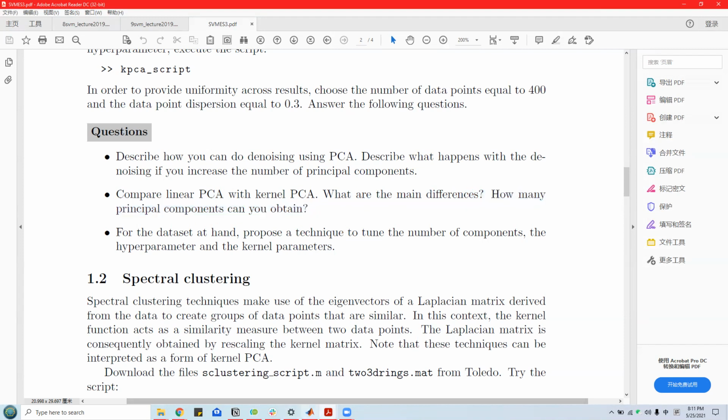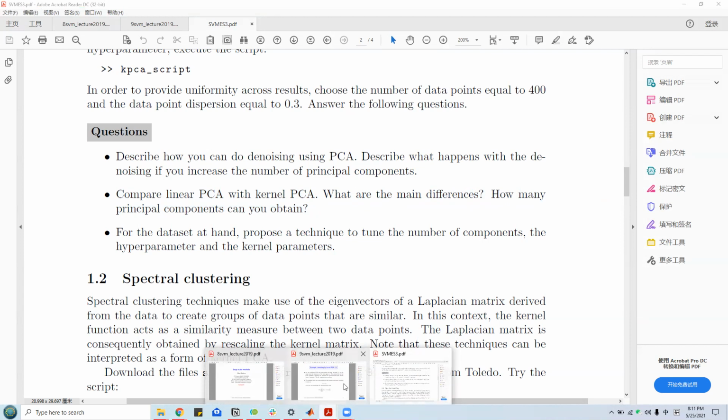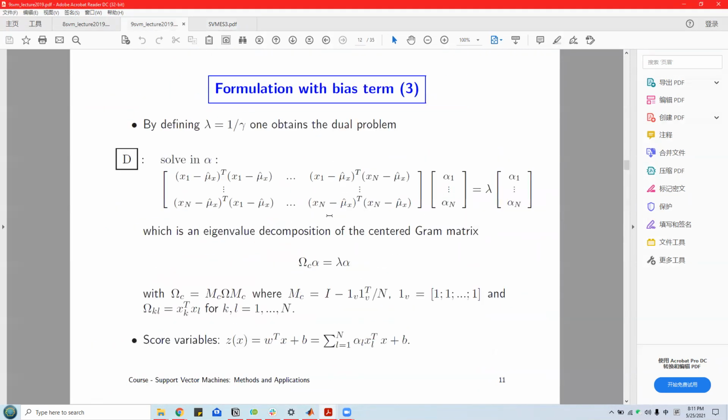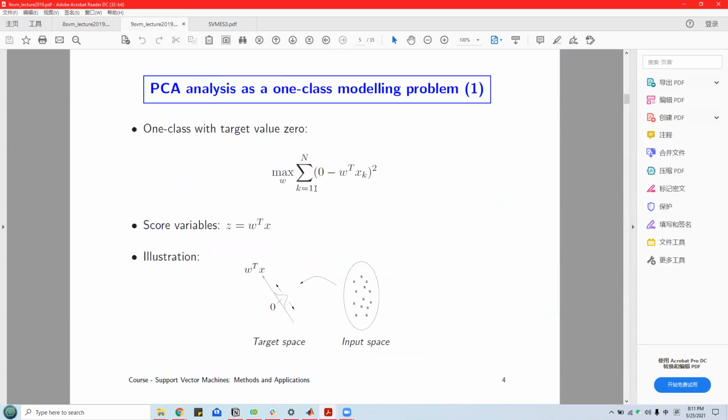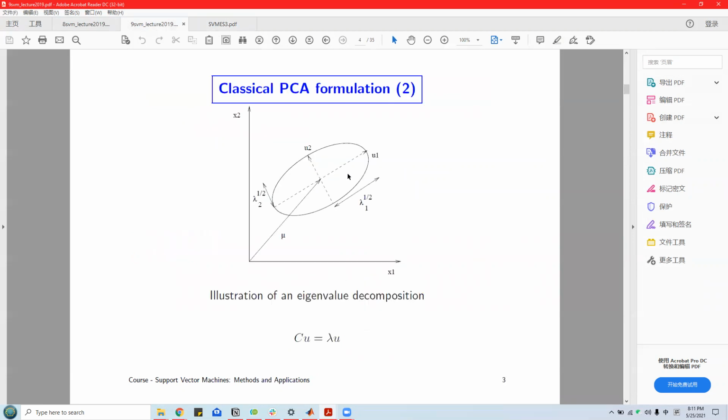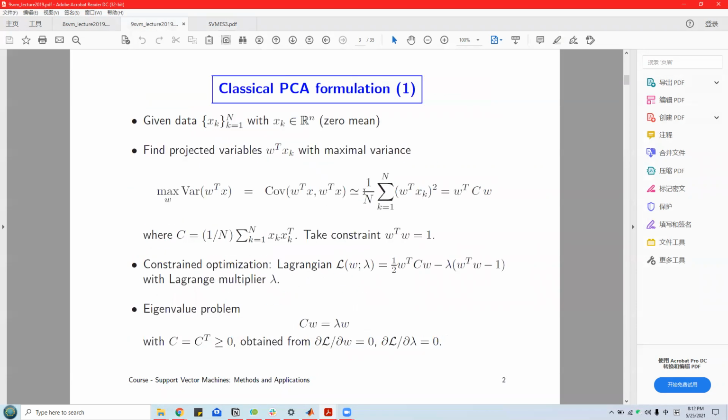For that one, again, I suggest you just go through this lecture content and try to grab some of the concepts and some of the formulas here. So you need to discuss, when you are doing linear PCA, what kind of formula you are trying to optimize.